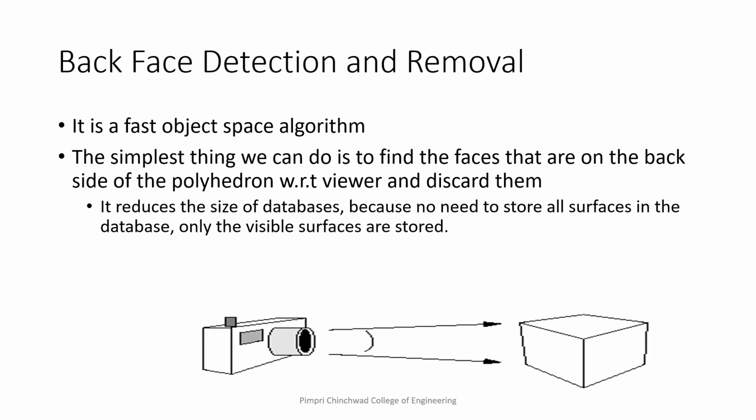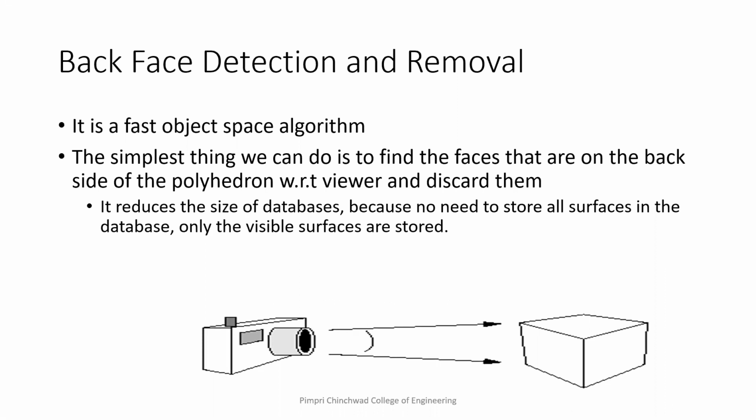So this algorithm can remove almost 50% of the polyhedrons, reducing the size of the database to a large extent because there is no need to store all surfaces in the database. Only the visible surfaces are stored.